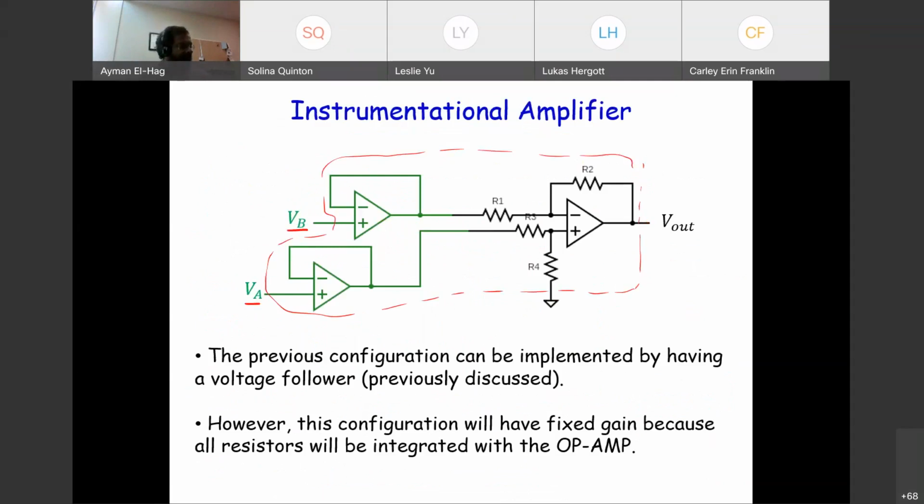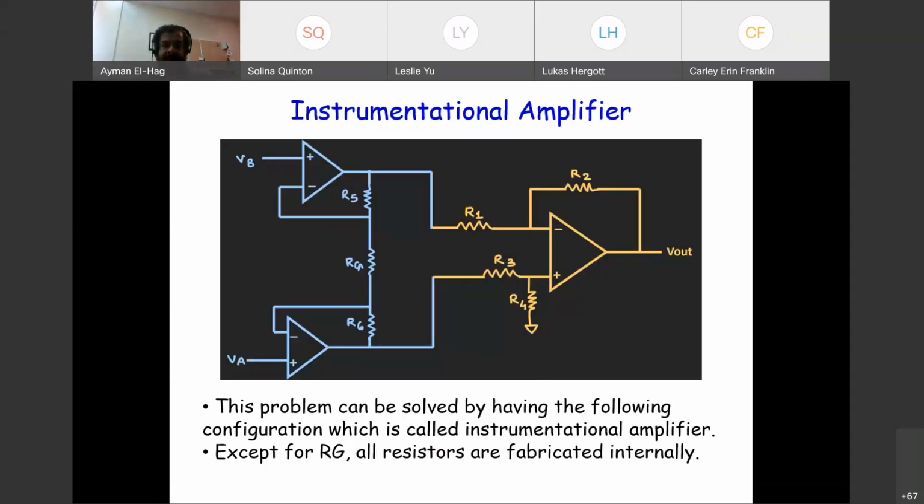We have very nice experiments using this instrumentation amplifier, and to see the difference between the op amp and the instrumentation amplifier, you see there is a lot of noise there. Here it has two functionalities. First, it has a differential functionality, so that it will get rid of the noise. Second, it will have a very high input impedance.